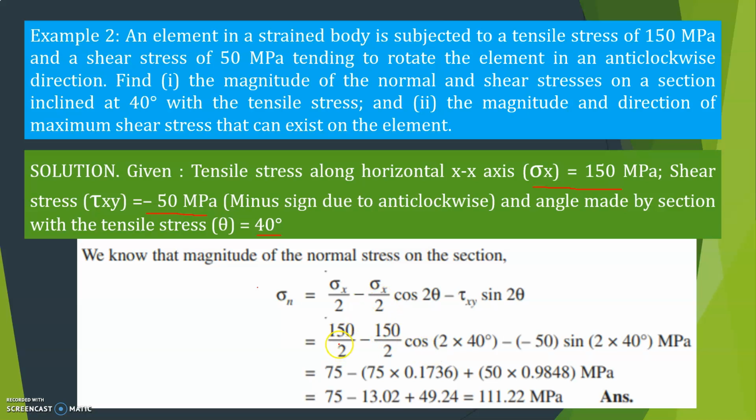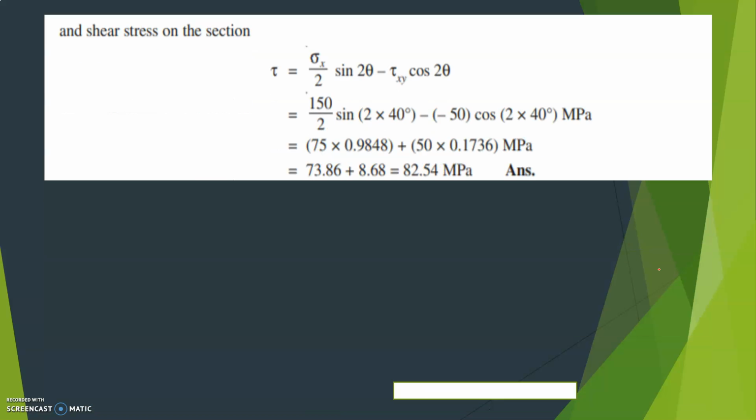Sigma x is 150, theta is equal to 40 degree, and tau xy is equal to minus 50, so substitute minus 50 into sine 2 into 40 degree. Simplify this, you get sigma n is equal to 111.22 MPa.